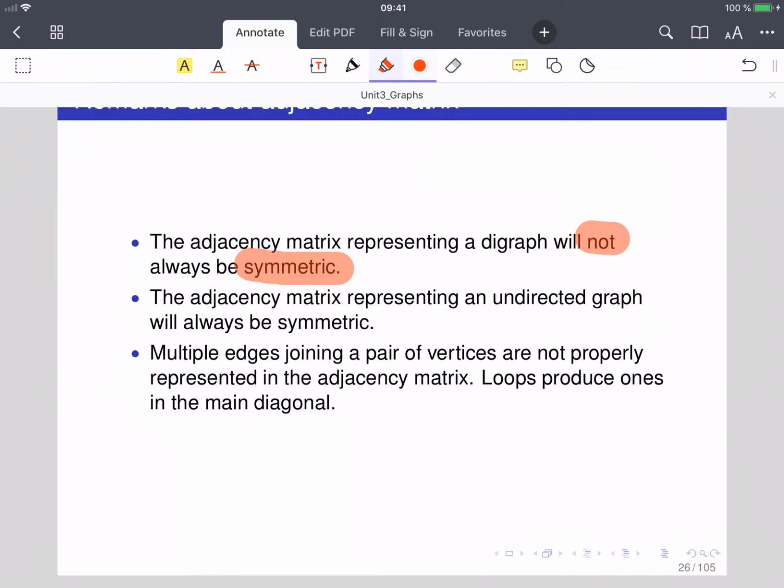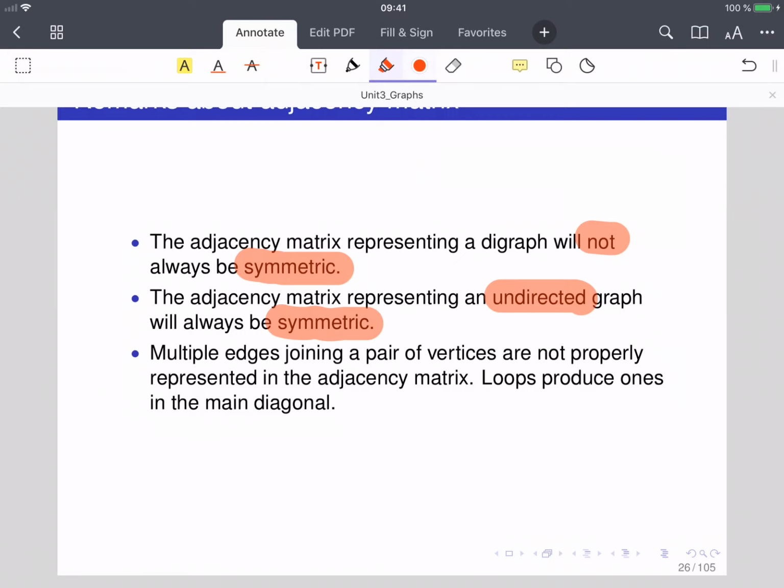So element M24 will be 1, but element M42 will be 0. So in general, it is not symmetric. If we are using an undirected graph, then this matrix will be symmetric.